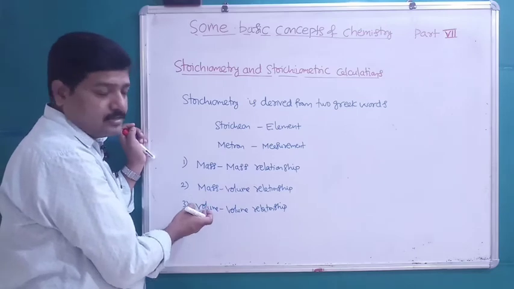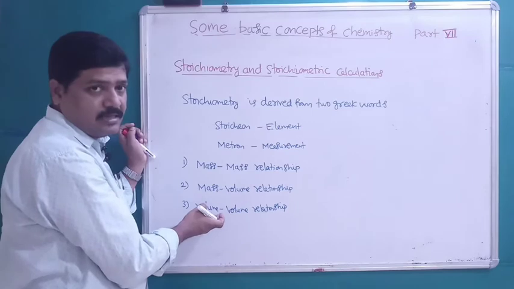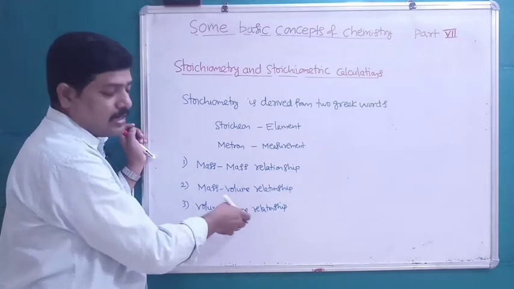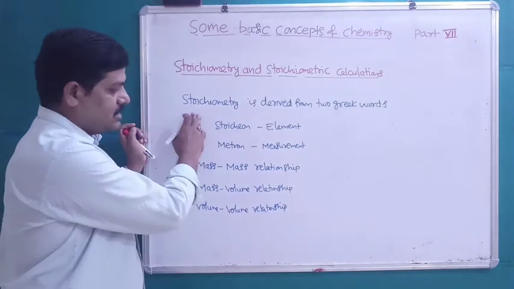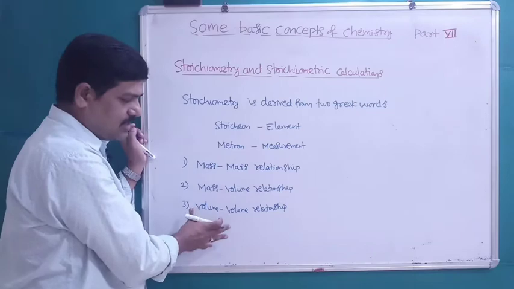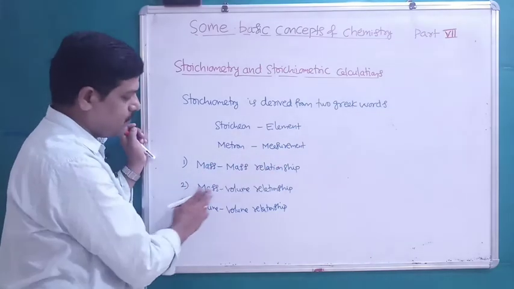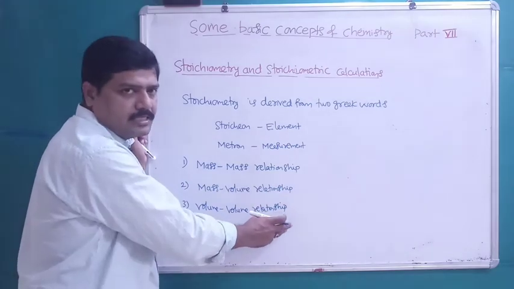Or the volume is given, and for that amount of reactant, how many liters or ml of the product is formed. So stoichiometric calculations can be done in three different ways: mass relationship, mass volume relationship, volume relationship, right?